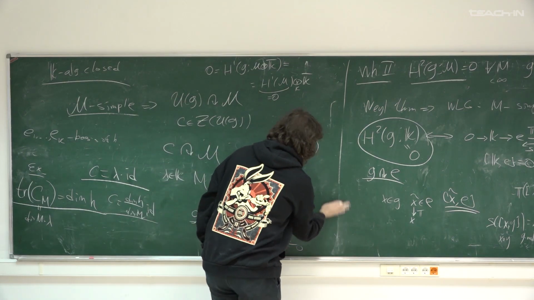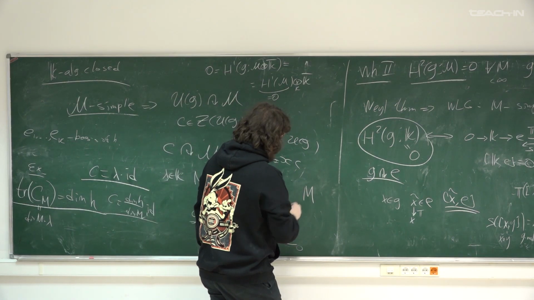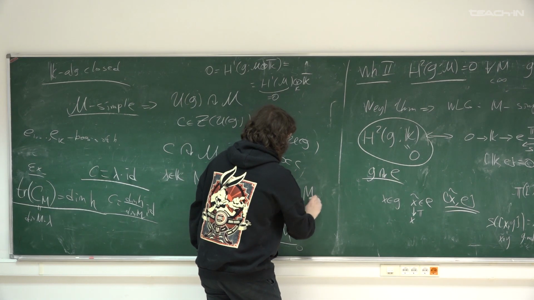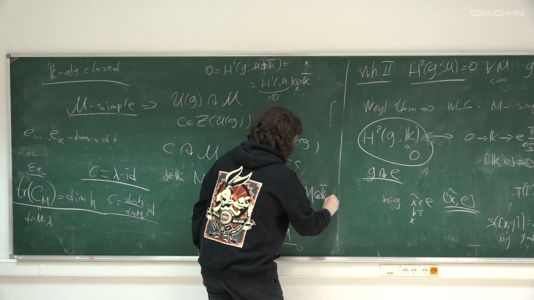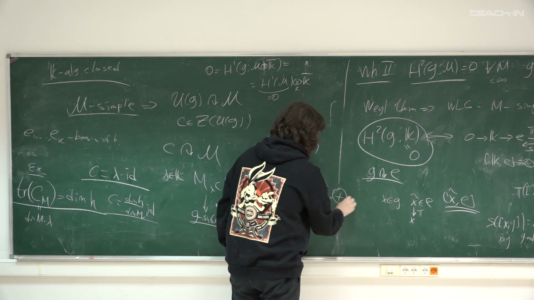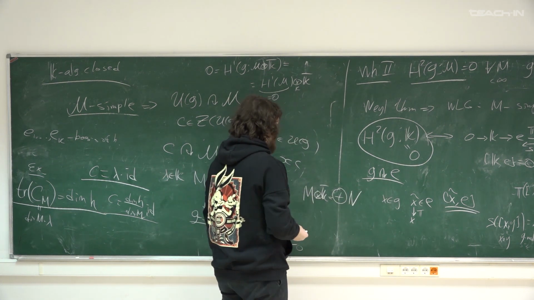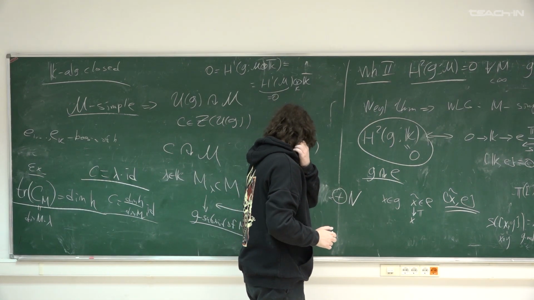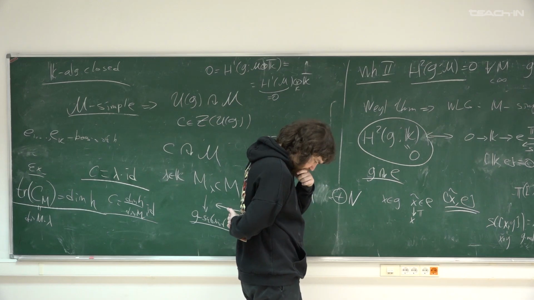If I have some module, if my module after extension of scalars is a direct sum of some submodules, then before extension of scalars it is also a direct sum of... no, but this is not true.